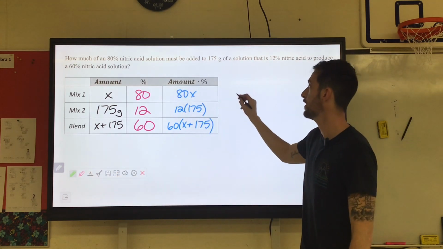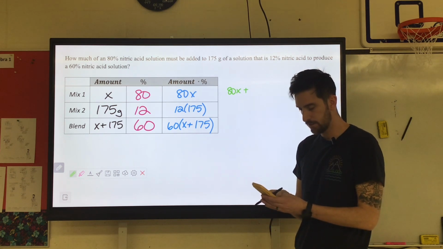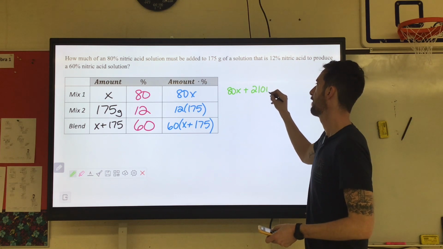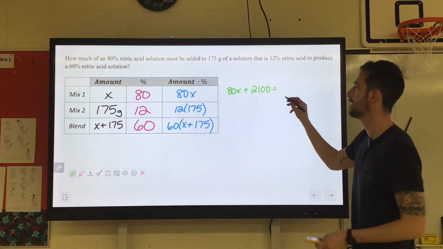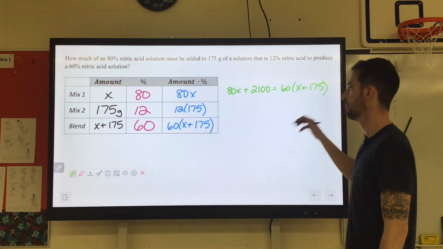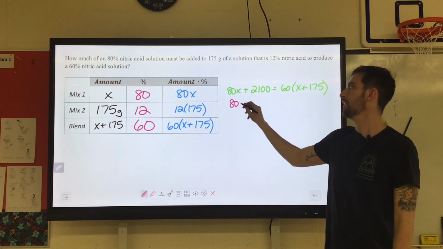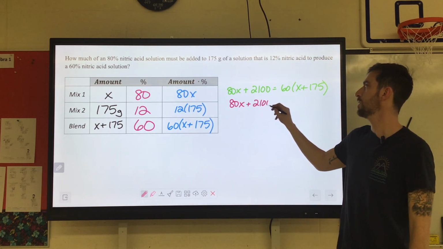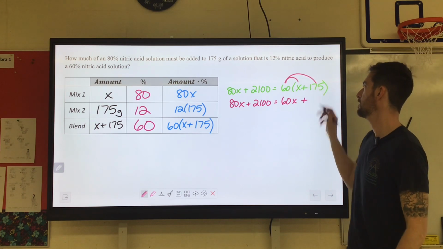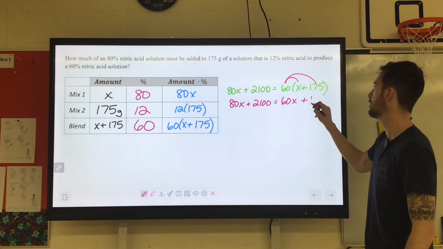So if we were to do that, we'd have 80X for mix 1 plus 12 times 175 is 2100 equals 60 times X plus 175. We'll go ahead and distribute that 60. 80X plus 2100 equals 60X plus 60 times 175, I don't know, 10,500.